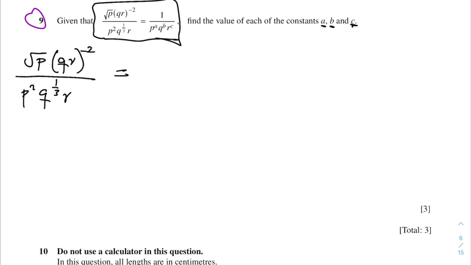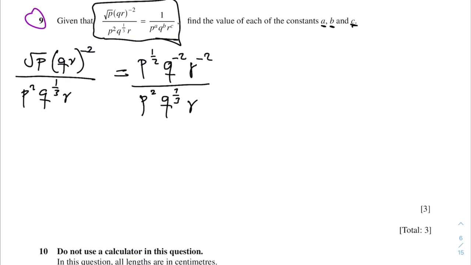Just note that root p is the same as p to the power half, and (q r) to the power negative 2 also means q to the power negative 2, r to the power negative 2. Then we divide by p squared, q to the power 1/3, and r.